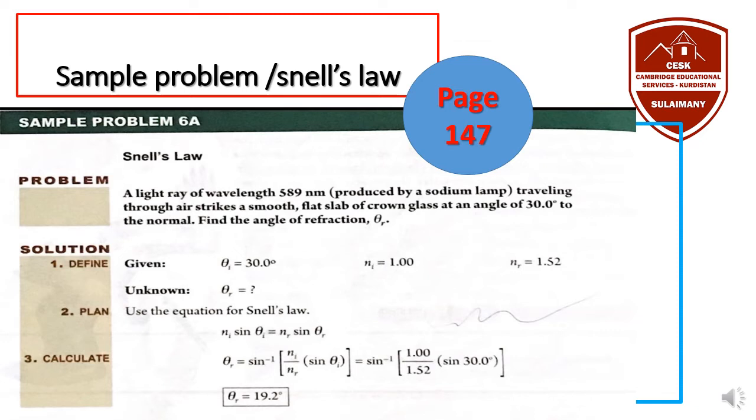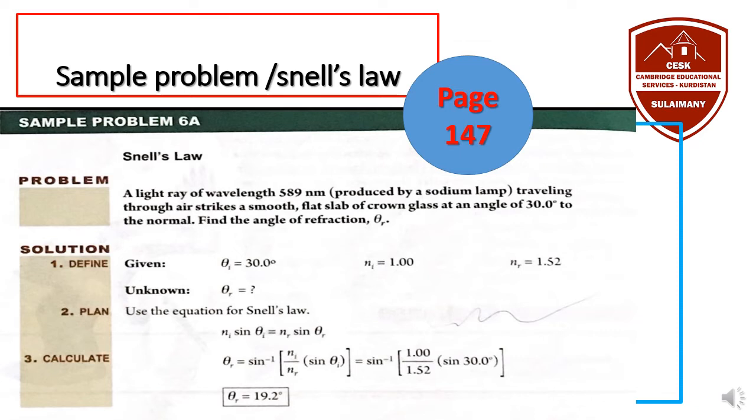Traveling, he said, traveling through air strikes a smooth flat slab of crown glass. See, here he determined which is first medium and which is second medium. First medium, air, n1 equal 1. Second medium, he said, crown glass.